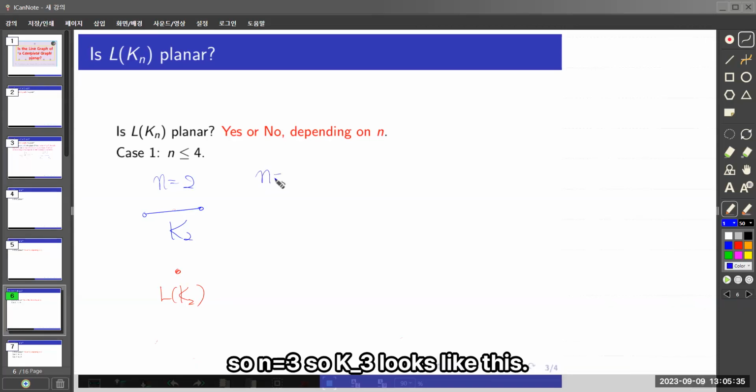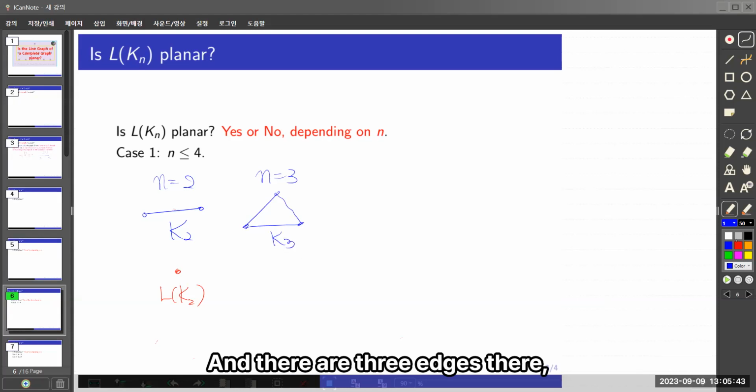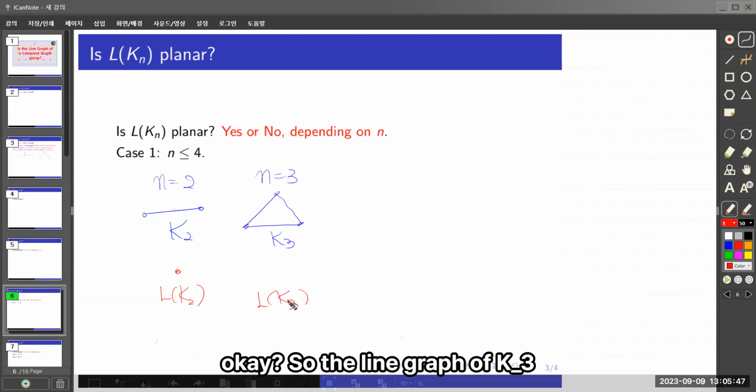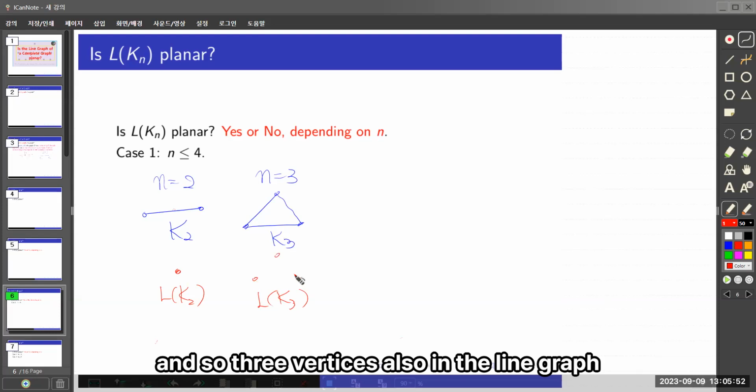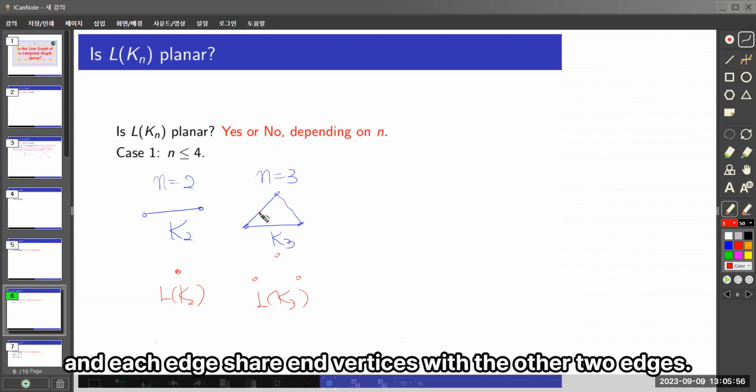So n is equal to 3. K3 looks like this, and there are three edges there. So the line graph of K3 has three vertices also, and each edge shares end vertices with the other two edges.